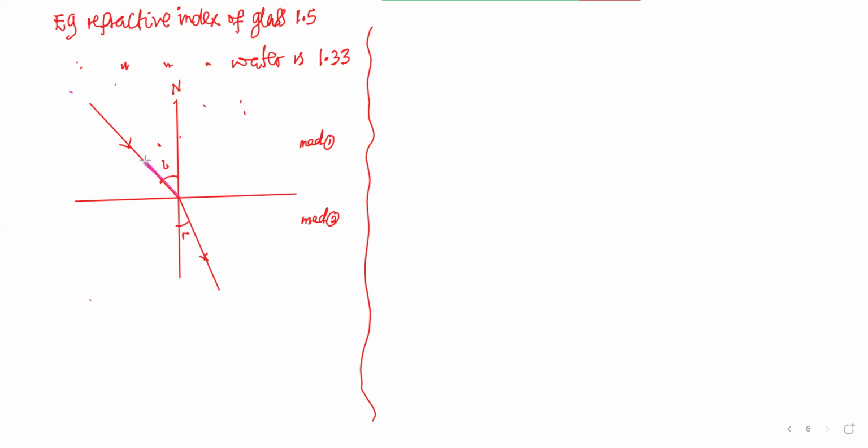But due to the difference in densities, it couldn't go this distance straight, and it is now forced to be here. So we want to determine this angle. We know this angle is the angle of refraction. But what will be this angle X?